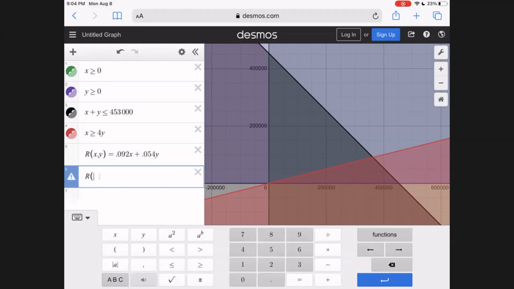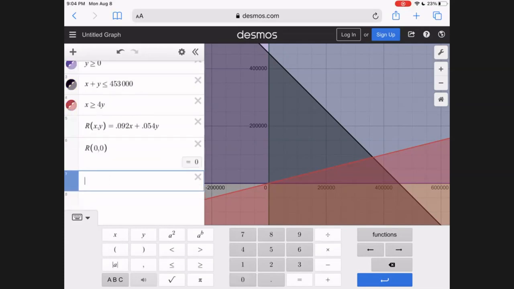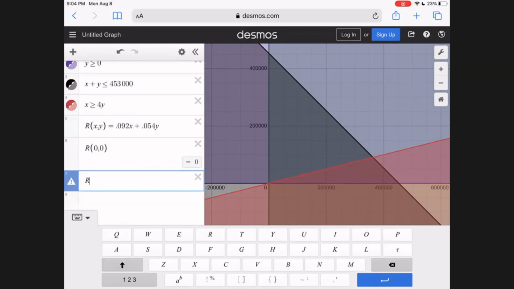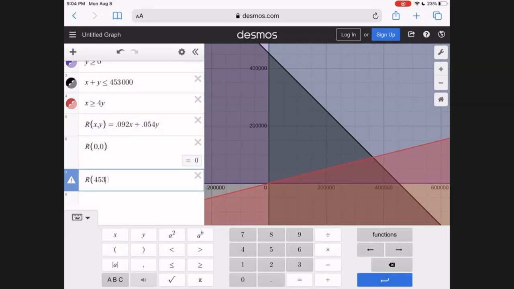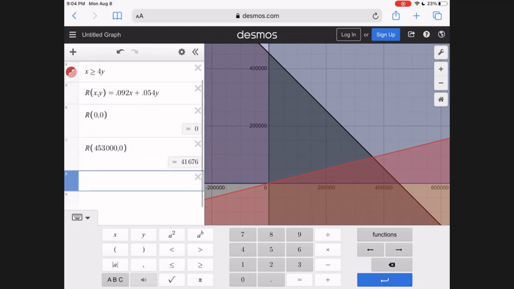So just for sanity, if you do the origin, which is one of those corner points, you'll get that you don't get anything back, which makes sense. You're not investing any money. If I do the other corner point, the one on the x-axis, if I invest all the money in the first account, I get 41,676.